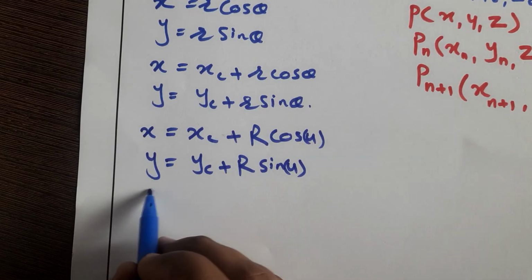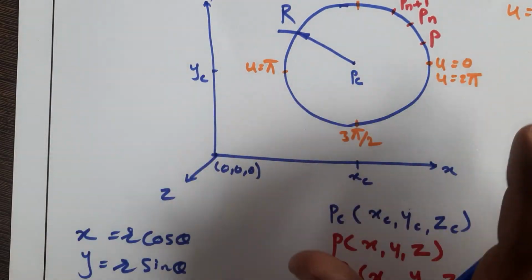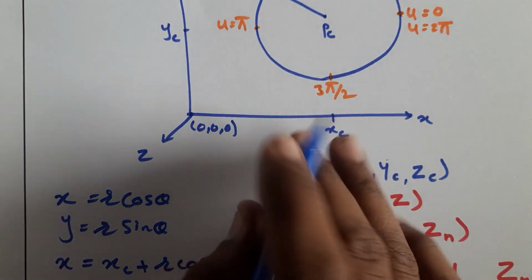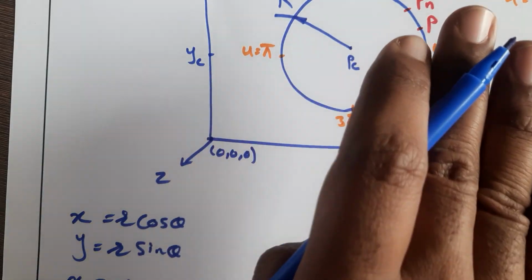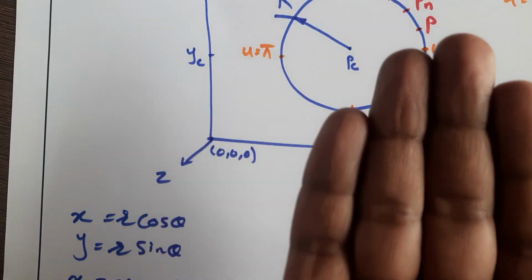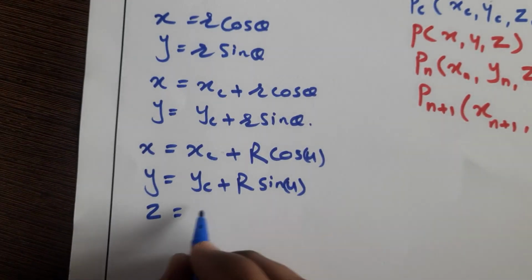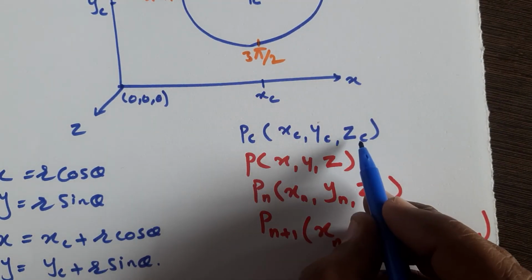And z is equal to, now here we are assuming this circle in the xy plane, where z will be 0, sorry, z will have some zc value. On the xy plane z will be 0, but if it is somewhere at some distance from the plane, then z will be zc, because your center PC is having zc as the z coordinate.